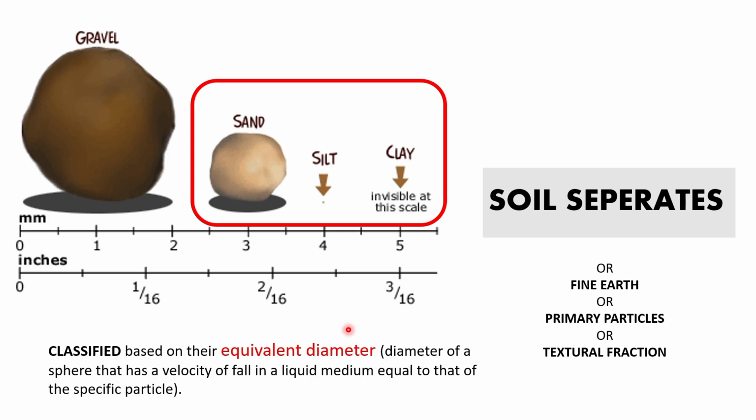So we take a particle, and it will fall at a certain velocity in the liquid medium. That particle's equivalent diameter is 2 millimeter, like that. We are classifying on the basis of that.